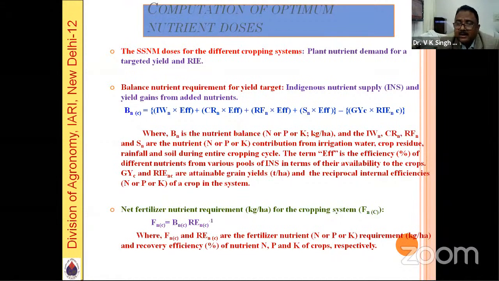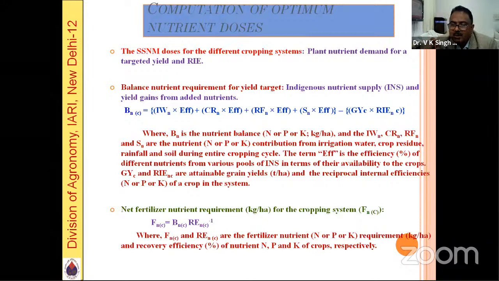And we developed one equation also that we call the SSM equation. Here we take targeted yield, then multiply by RIE. RIE means reciprocal internal efficiency. The reciprocal internal efficiency is, for a ton of grain production, how much nutrient is required.